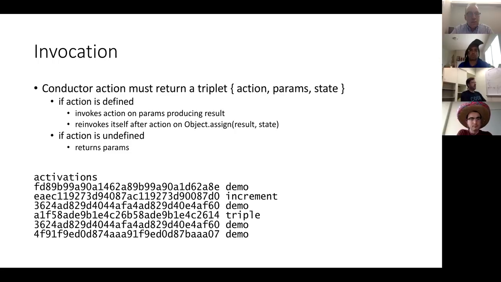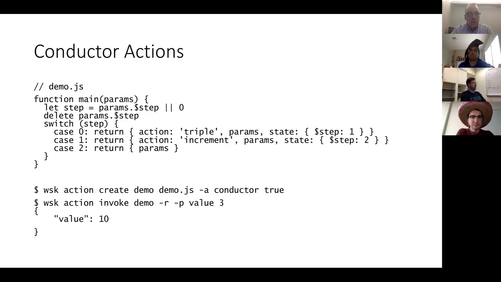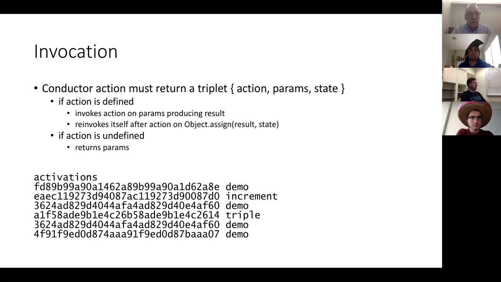If you look at the example we had before, you can see that the state was used to pass, as a parameter to the next invocation of the conductor action, the step we've reached in the execution of the program. Again, you can look at the documentation offline, or we can discuss later if you want. That's basically what happens in the controller.